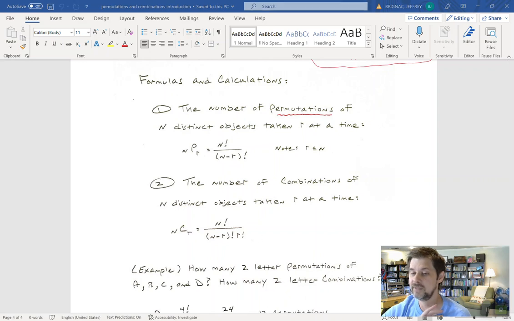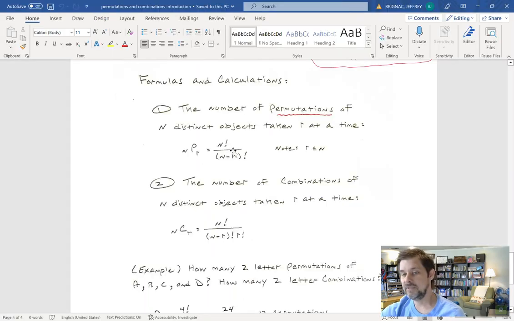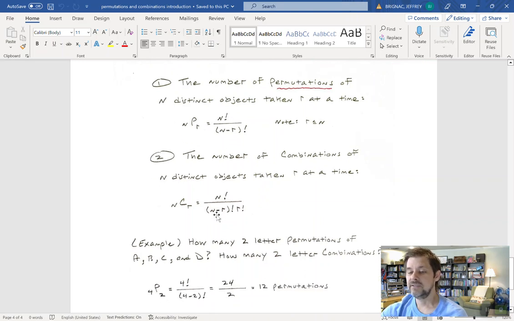If I go back to my calculator interface, see that and that. If you have a scientific calculator, those 2 options to calculate permutations and combinations are in there somewhere, whether on the keypad or in one of the menus. Again, I can't give general advice very well because everybody's calculator is a little bit different, but that's the key you're looking for. You could use those keys directly, but these formulas aren't that hard to use, so I might just stick with that. So let's give an example of each of these.